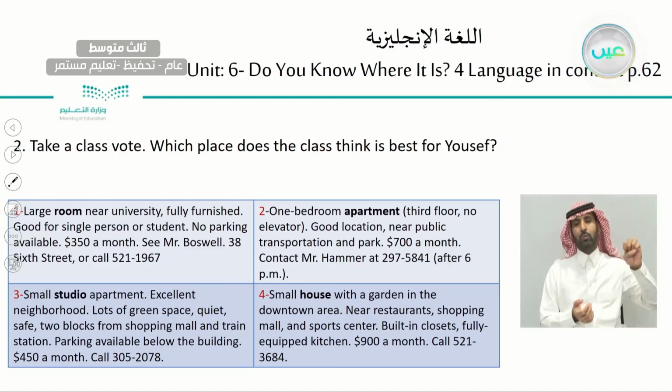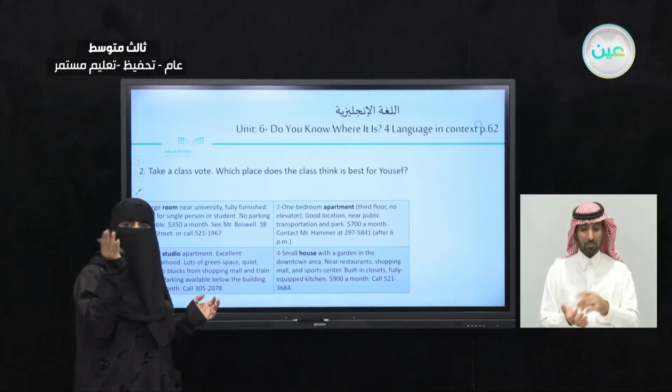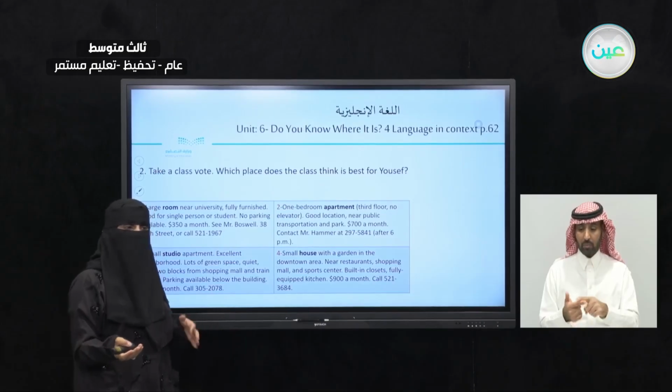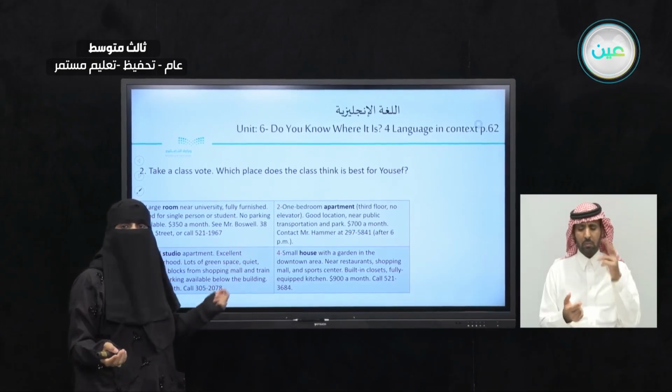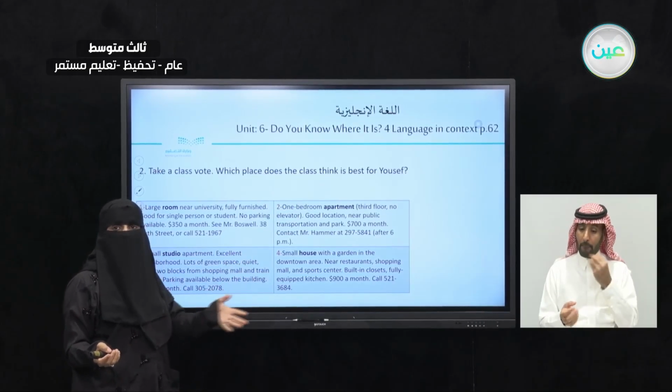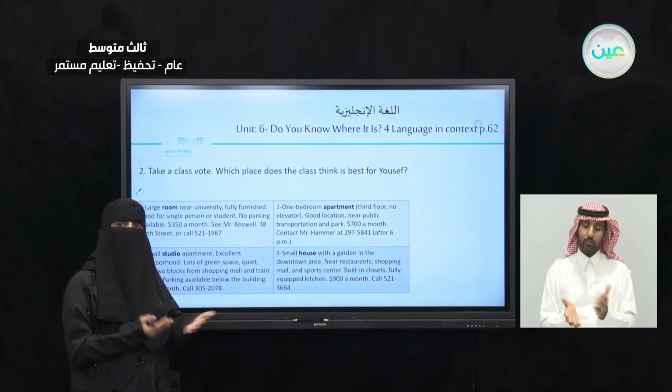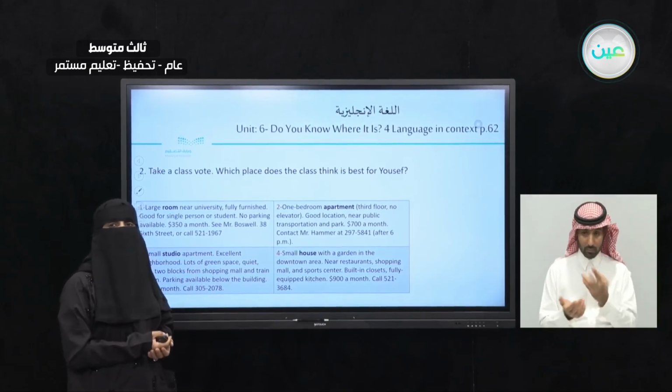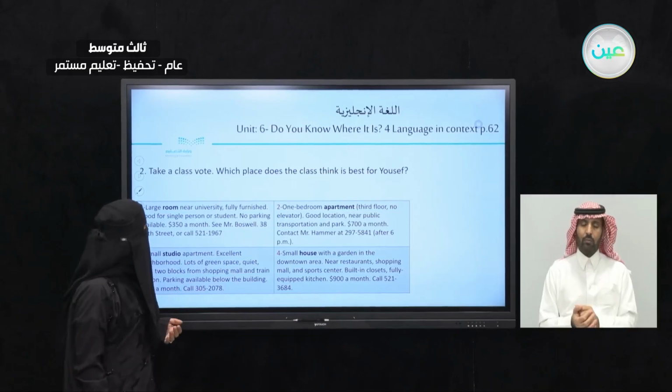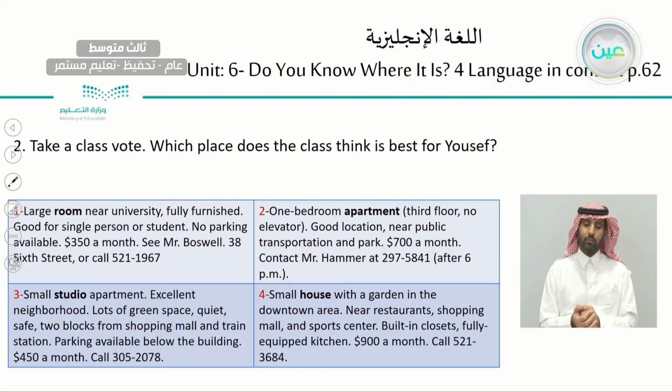If more than 5 groups says the first place, the room is the best place for Yusuf, or maybe 8 will say the best place is the studio apartment. So take a vote and then decide which place is the winner for Yusuf, okay?